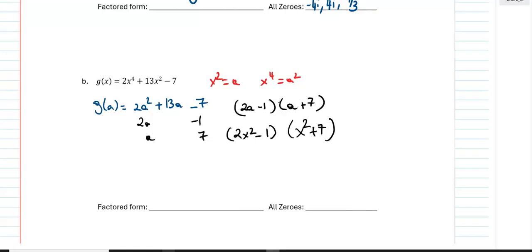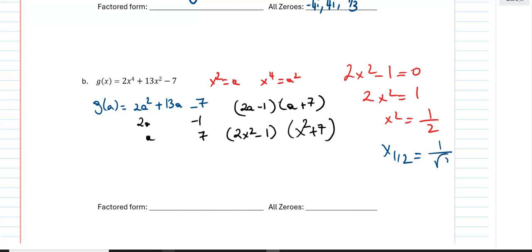So when we're going to do the factoring, obviously 2x squared minus 1 equals 0, 2x squared equals 1, x squared will be equal to 1/2, and x, we are going to have two roots here. That will be 1 over square root of 2 plus or minus.